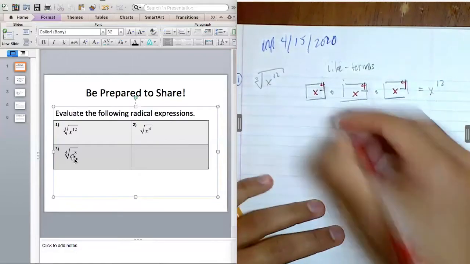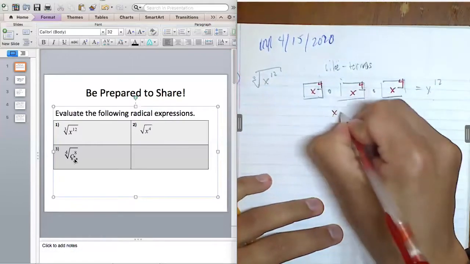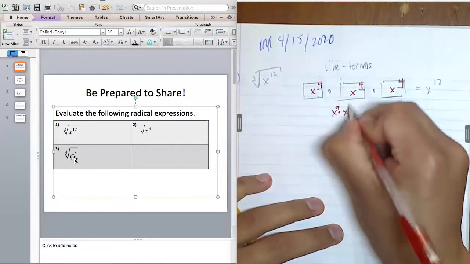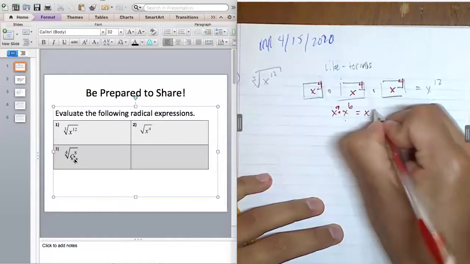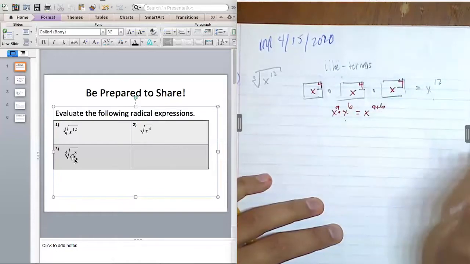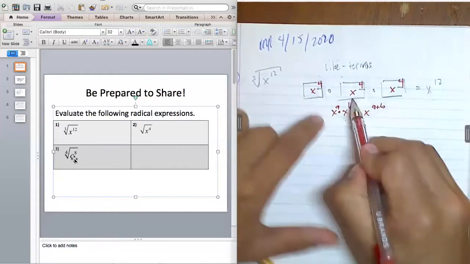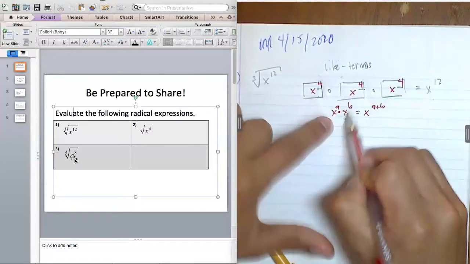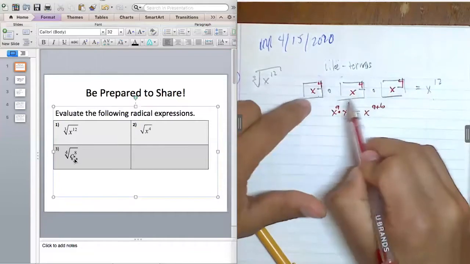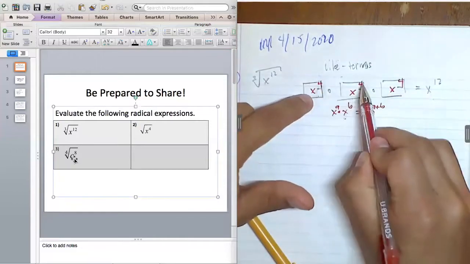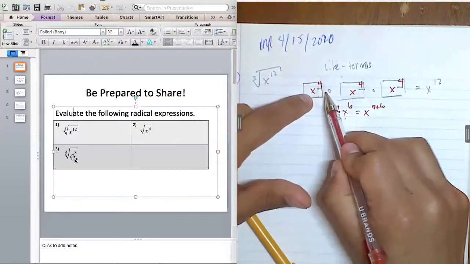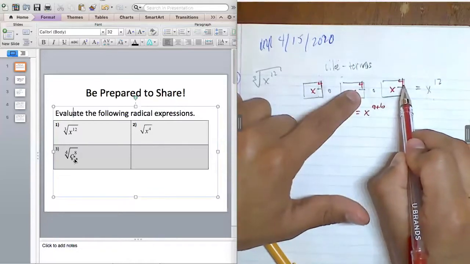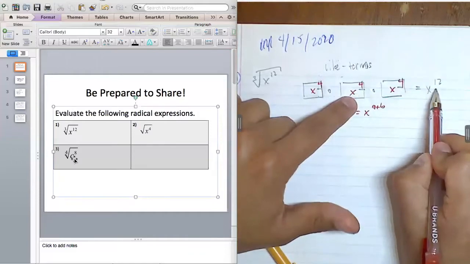So x to the 4 times x to the 4 times x to the 4 gives you x to the 12. The rule that we're using is x to the a times x to the b is equal to x to the a plus b. So when we're multiplying terms with like bases, you're just adding the exponents. x to the 4th times x to the 4th is x to the 8th, and then plus another 4 gives you x to the 12.